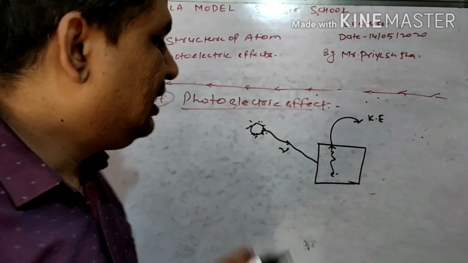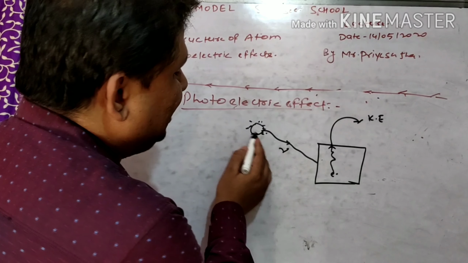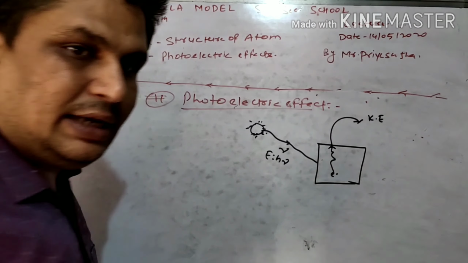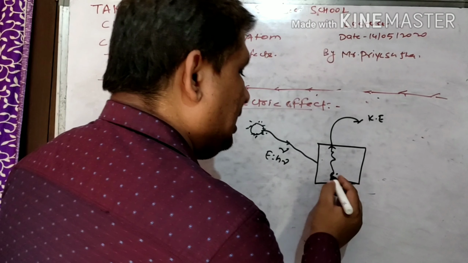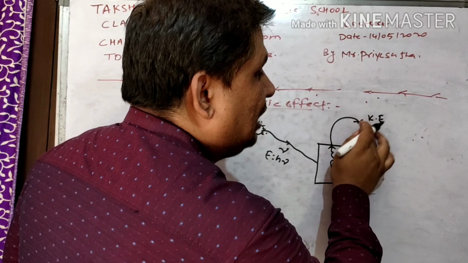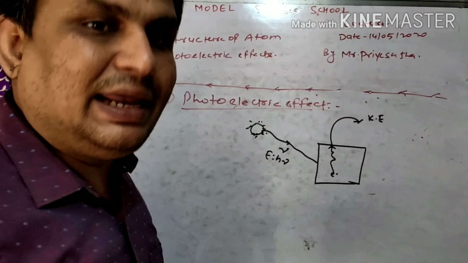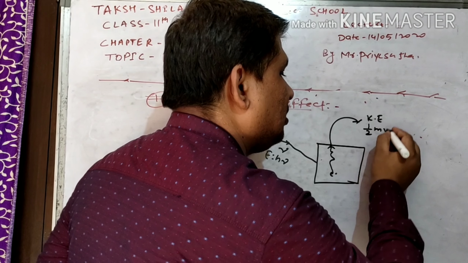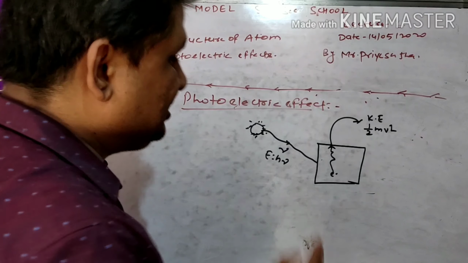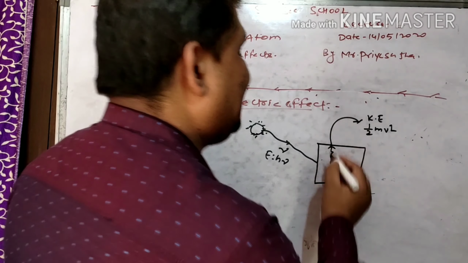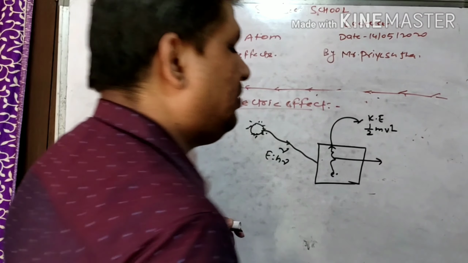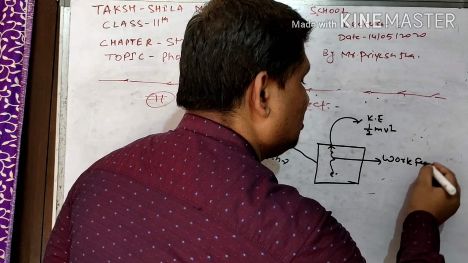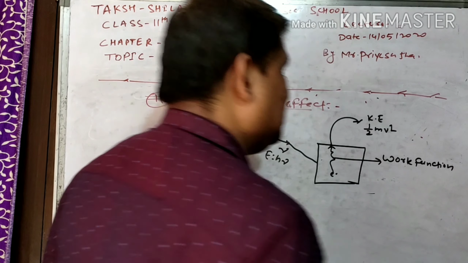and whole this process is generally known as photoelectric effect. Suppose the sunlight has radiation frequency nu, then energy will be h nu according to Planck's, and the outermost electrons move out with kinetic energy, so their kinetic energy will be half m v square, and some energy is spent to excite electrons from their metal surface, generally known as work function.